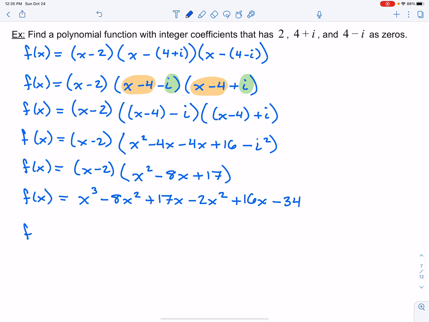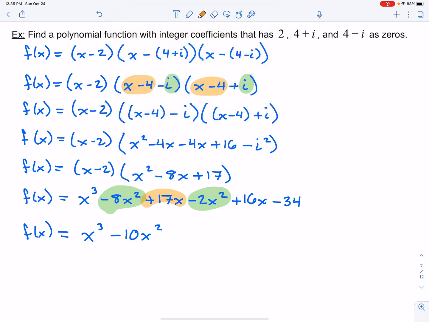And then we just need to combine our like terms. So we have our x cubed. We've got a negative 8x squared and a negative 2x squared, so that adds up to negative 10x squared.